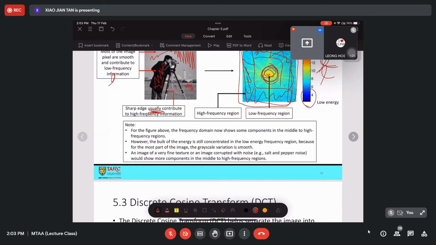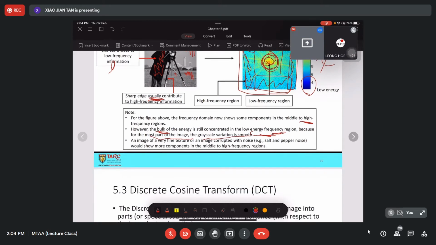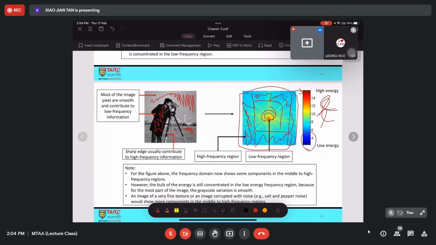So for the figure above, the frequency domain now shows some components in the middle to high frequency region. However, the bulk of the color is still concentrated at the low frequency region. That is because most parts of the image have smooth grayscale variation. An image of very fine texture, or an image corrupted with noise, especially for example salt and pepper noise, will show more components in the middle to high frequency region.